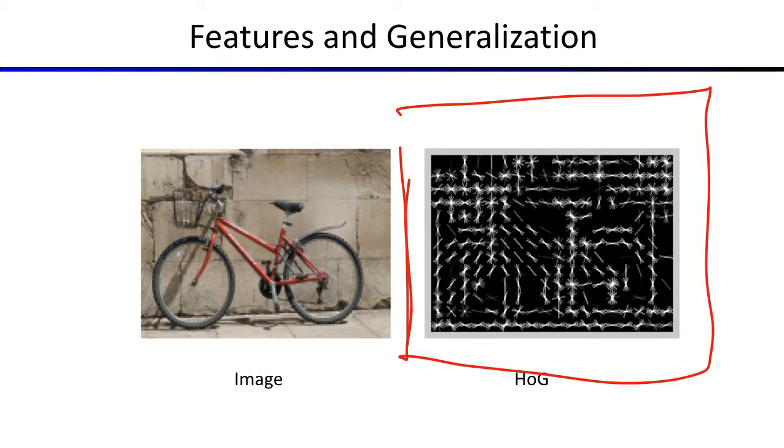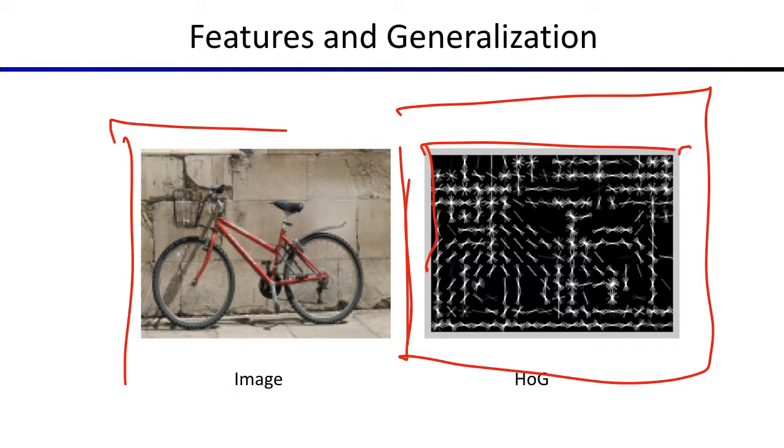This is just to persuade you that doing this kind of feature design and learning a linear classifier on this representation of the image, rather than on the RGB values for every pixel, is going to be easier for us. Are people basically persuaded of this? Okay, cool.